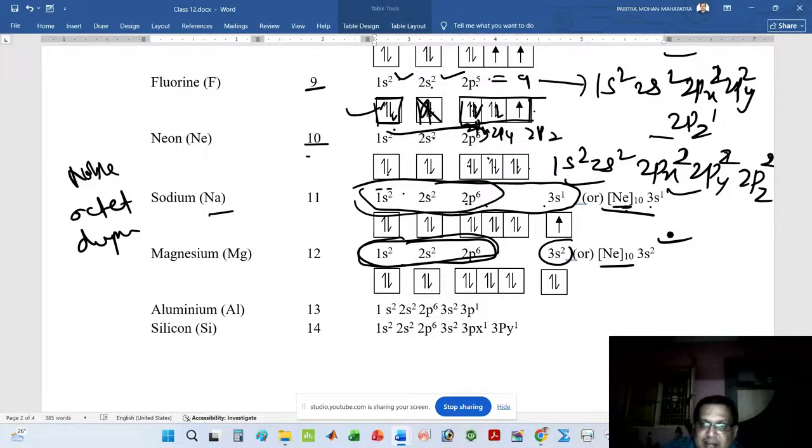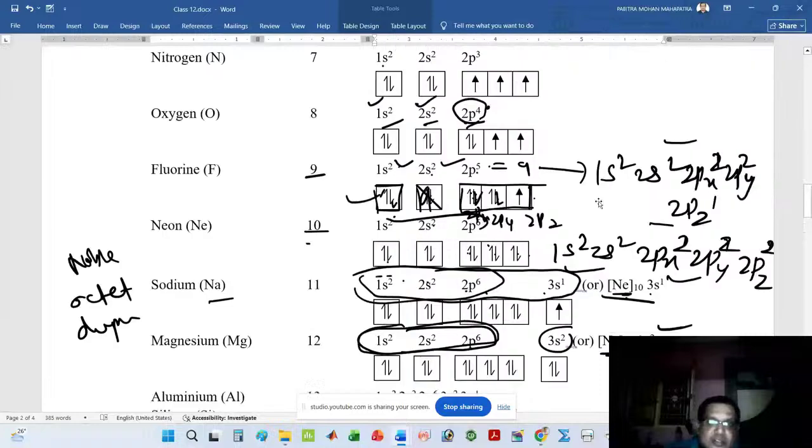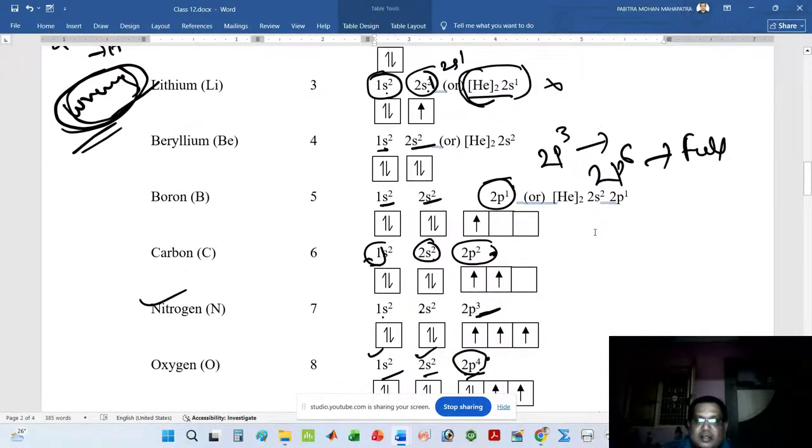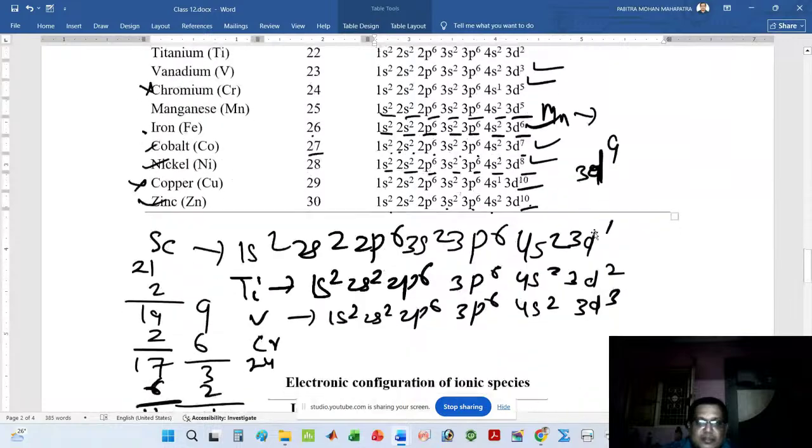Later, I will explain clearly about this type of electronic configuration. For today's class, just remember there is another way to write the electronic configuration by using the noble gases, that is helium, neon, argon, krypton, and so on.